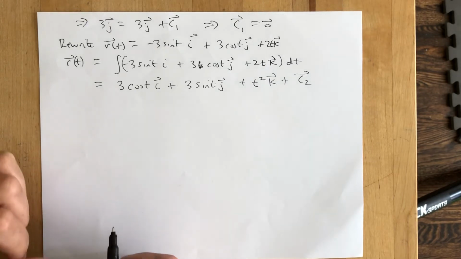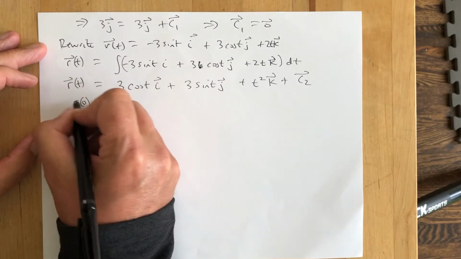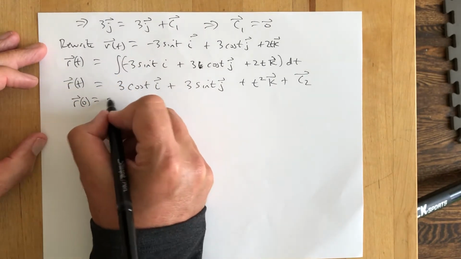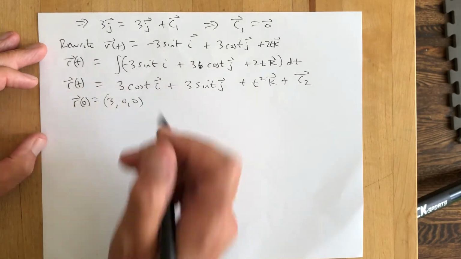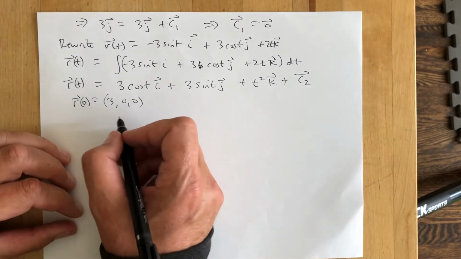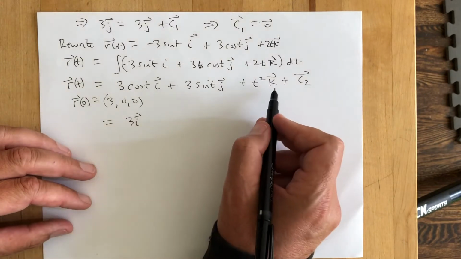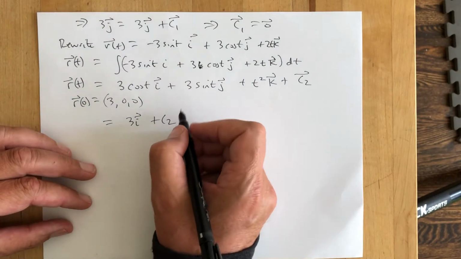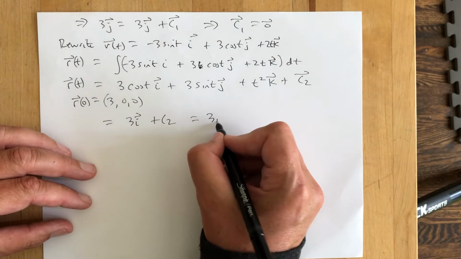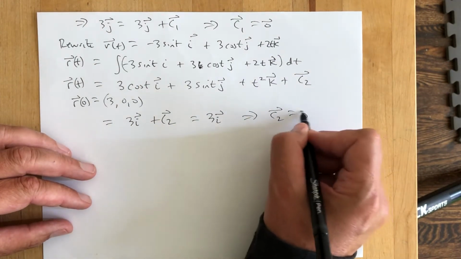Now, so that's r of t. We know r of 0 is 3, 0, 0. So what do we do here? On the right hand side we have 3i plus c2 equals 3i, which tells me c2 equals 0.